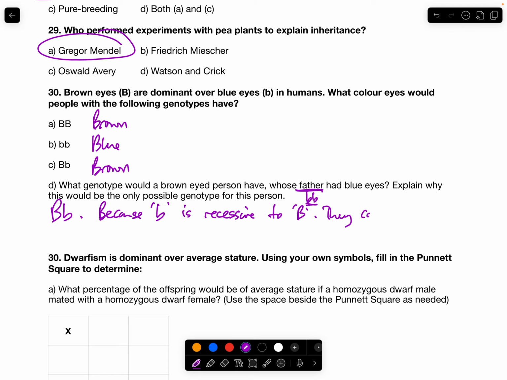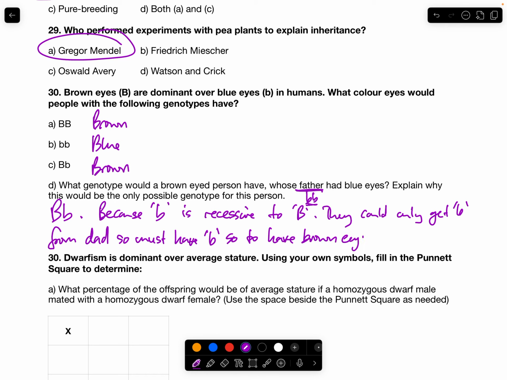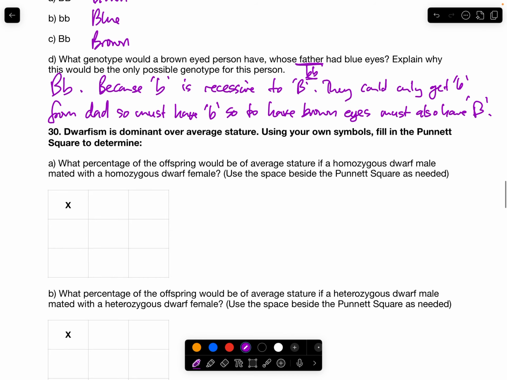They could only get small b from dad, so must have small b, so to have brown eyes must also have big B. Dwarfism is dominant over average stature.